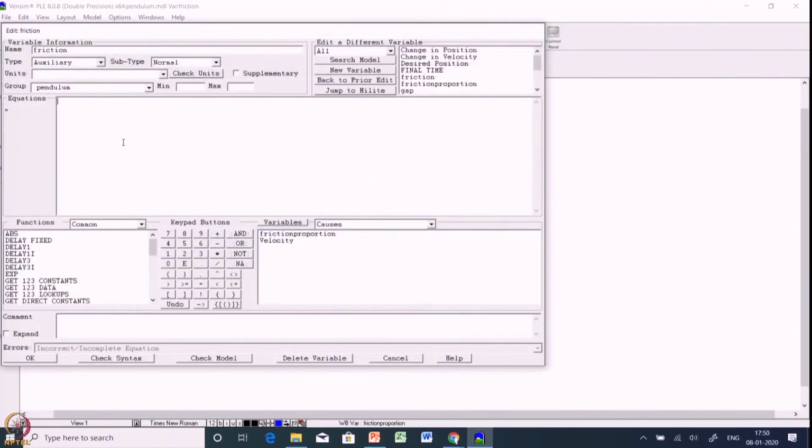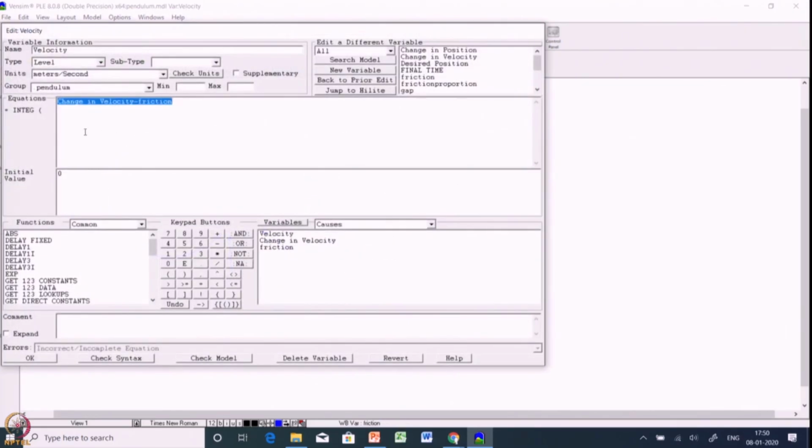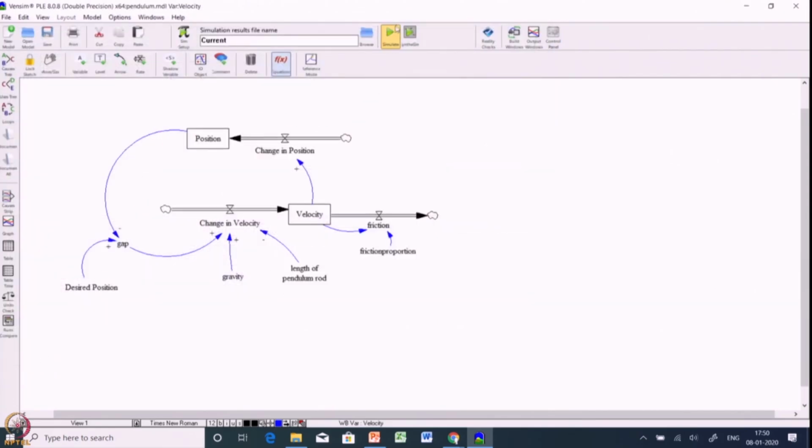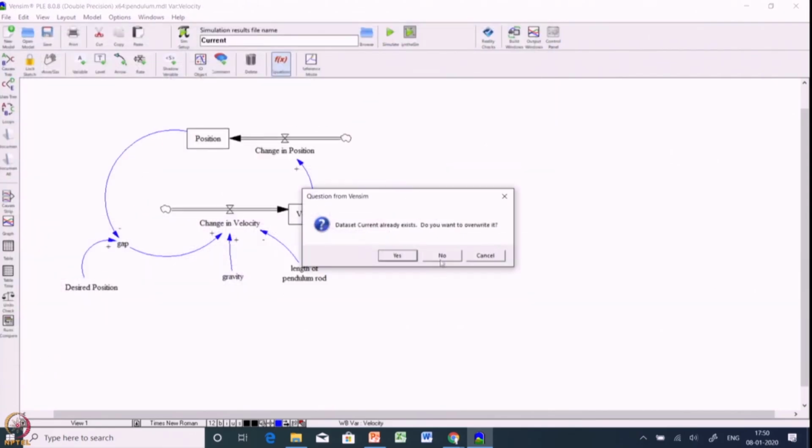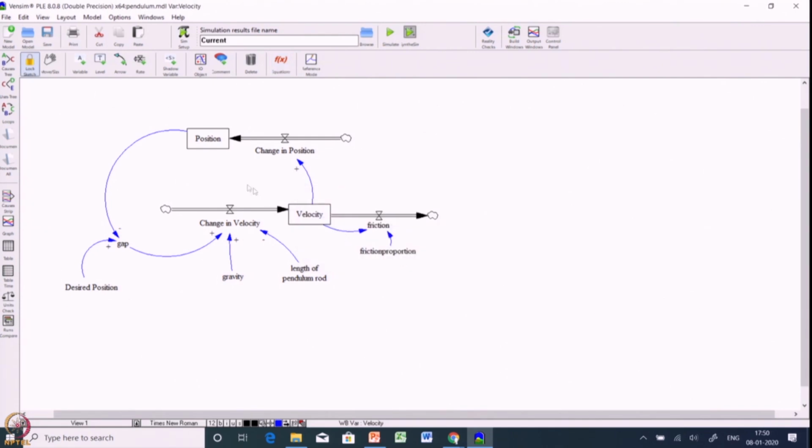Friction itself will be velocity multiplied by this friction proportion, and velocity now is affected by acceleration minus friction. Friction is acting in the opposite direction. Now, let us simulate the system. Now let us see what is going to happen.